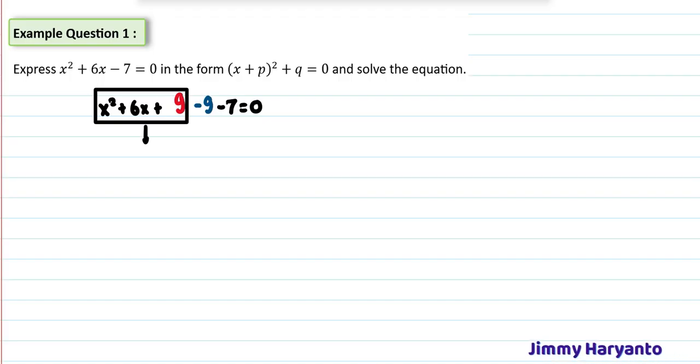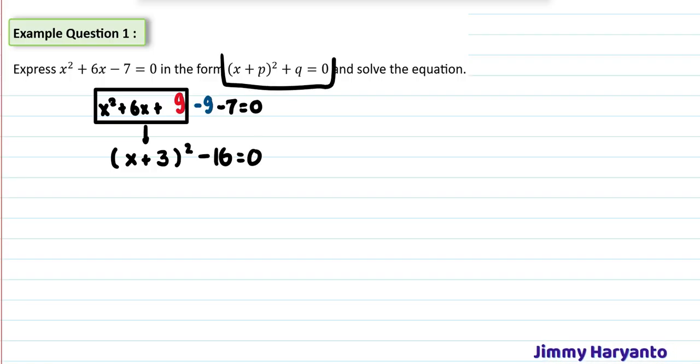We already know that this one is a perfect square, but what will it become? It will become x plus, the sign is plus, and then the 6 divided by 2 gives 3, or you can get 3 from the square root of 9 also. So this one will be x plus 3 squared, and then you can combine this, negative 16 equals 0. There we go, we already changed the expression into this form.